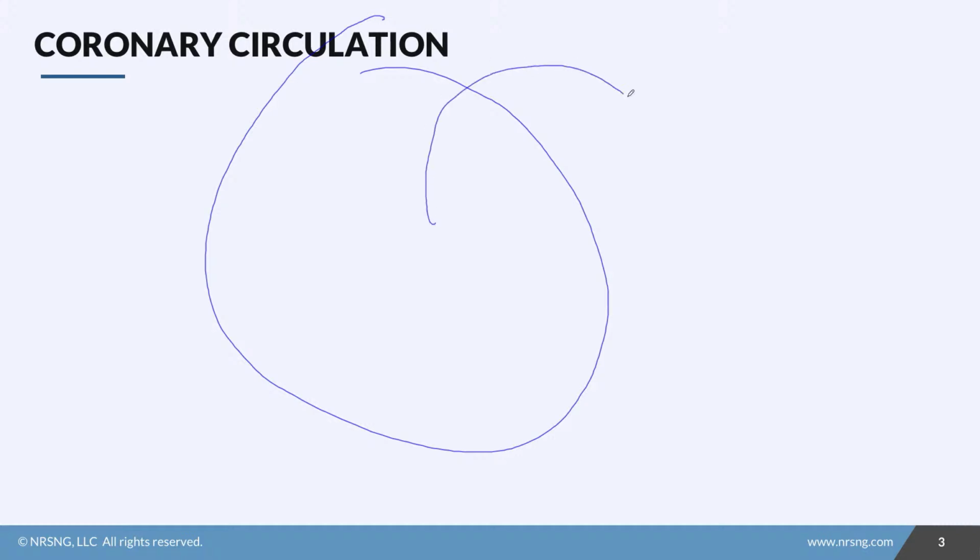Now, one more thing that's important to note about how and when the heart perfuses itself. So, let's say we have our heart here, and we have the aorta coming out of the heart, right on this left side of the heart. Remember how I said that the coronary circulation branches right above the aortic valve?